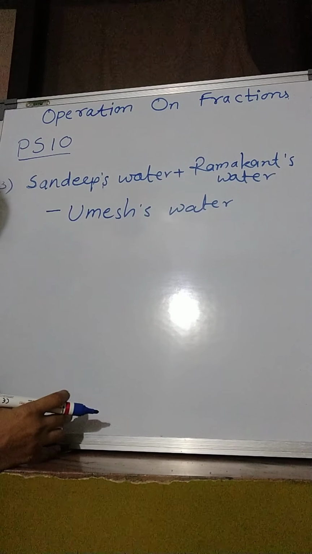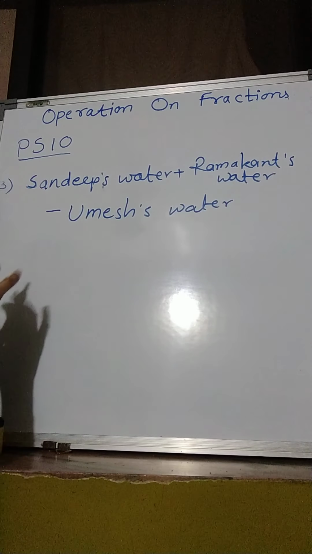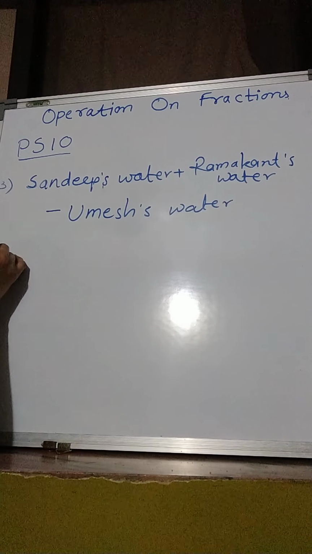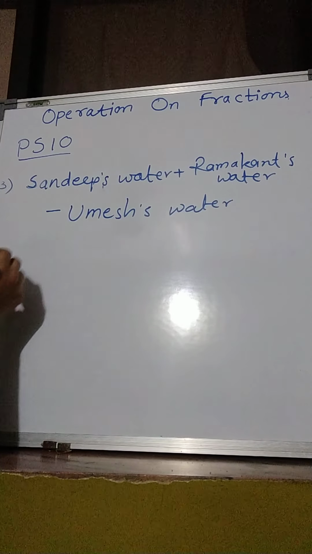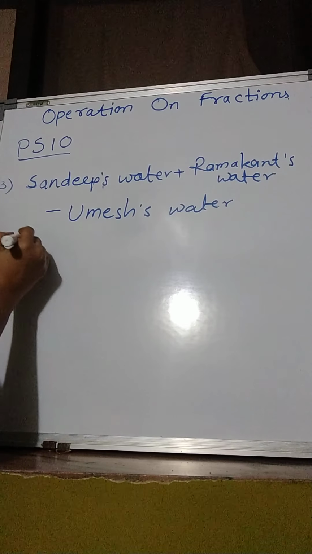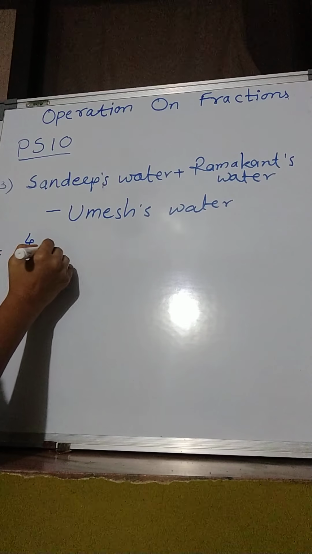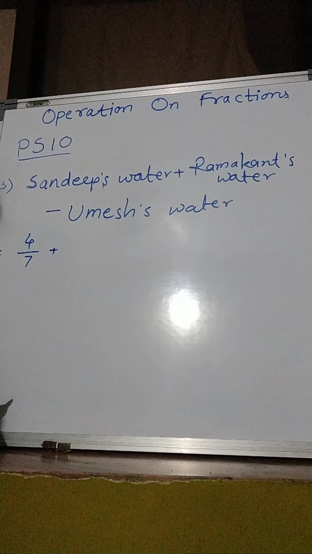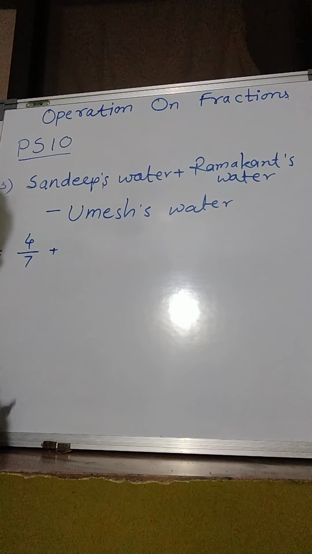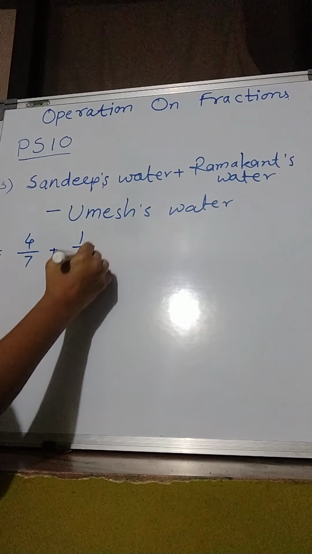Understand everyone? So let's start with the problem. What amount of water was filled by Sandeep? That is 4/7. What amount of water was filled by Ramakant? 1/4.